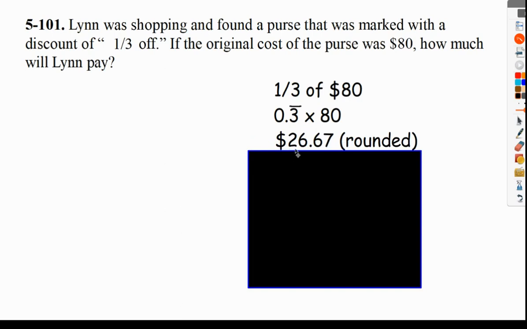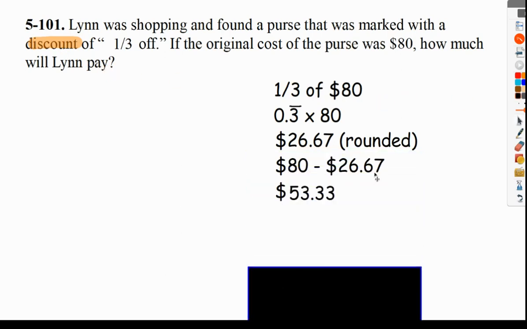Either way, we get 26.6 repeating, but we have to round that because this is representing money. So $26.67. That, don't forget, is the discount, which is not the same as what she'll pay. So we'll take that $80 minus that discount to find out the amount she needs to pay, the sales price.